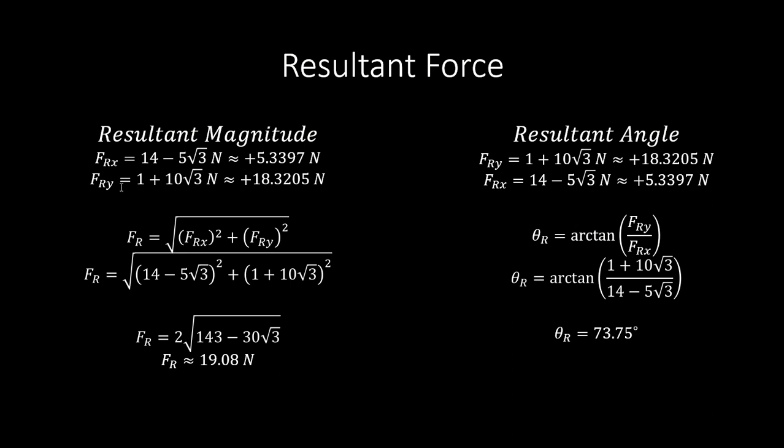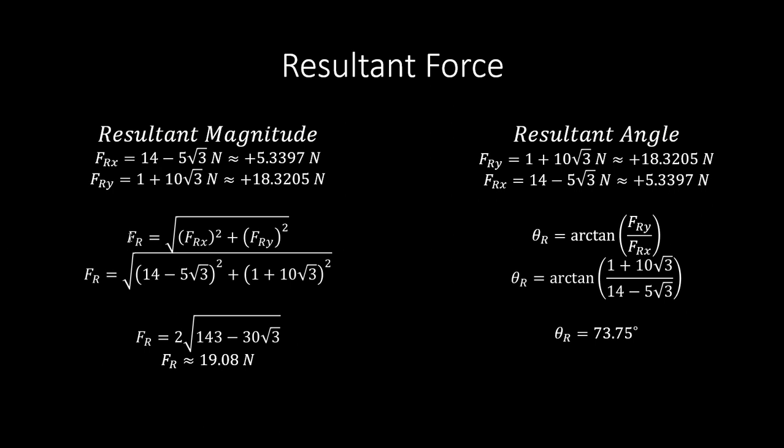And F sub Ry, the y component of our resultant, is 1 plus 10 square root of 3 newtons, or to visualize that, that's about positive 18.3205 newtons. In other words, when we draw this, we're going to have a resultant arrow that's pointed to the right due to its positive x component and pointed up due to its positive y component.